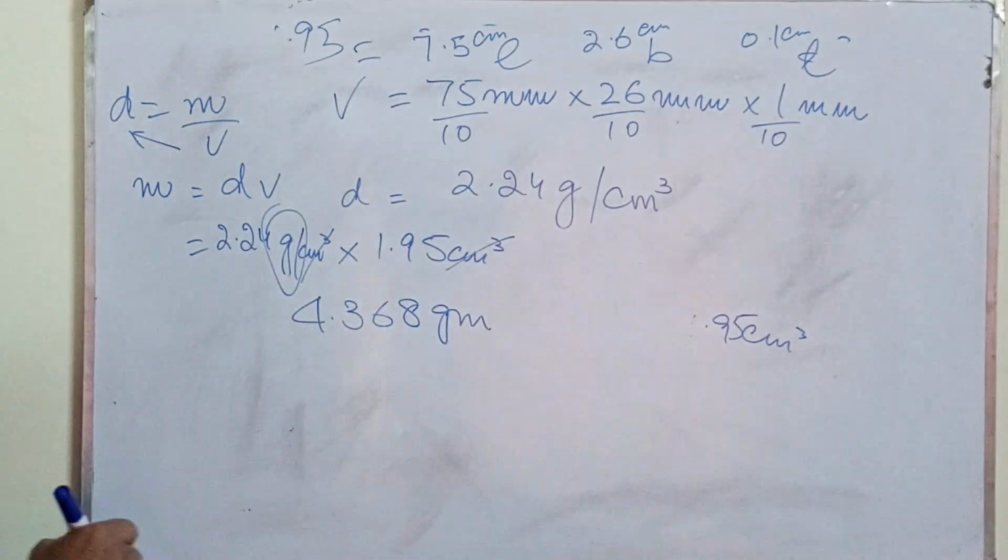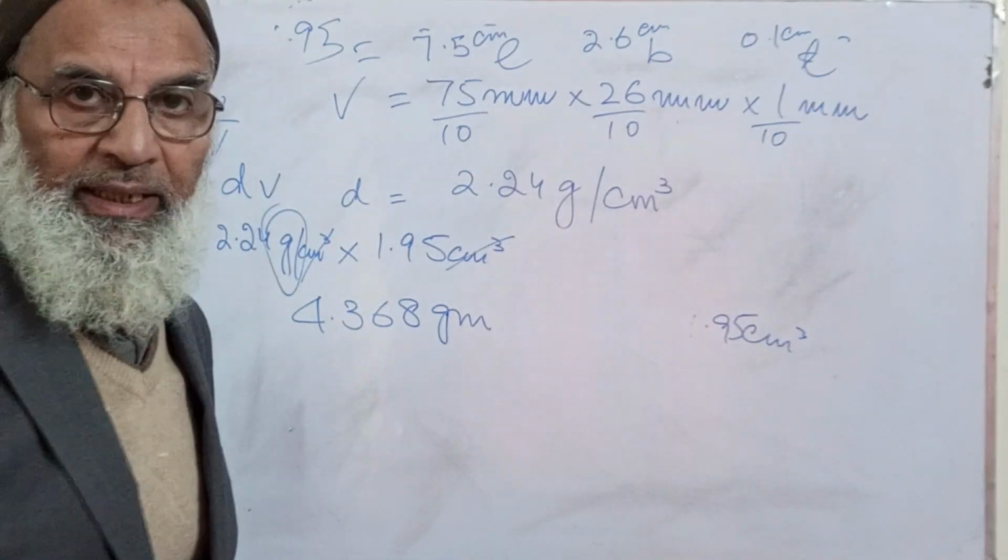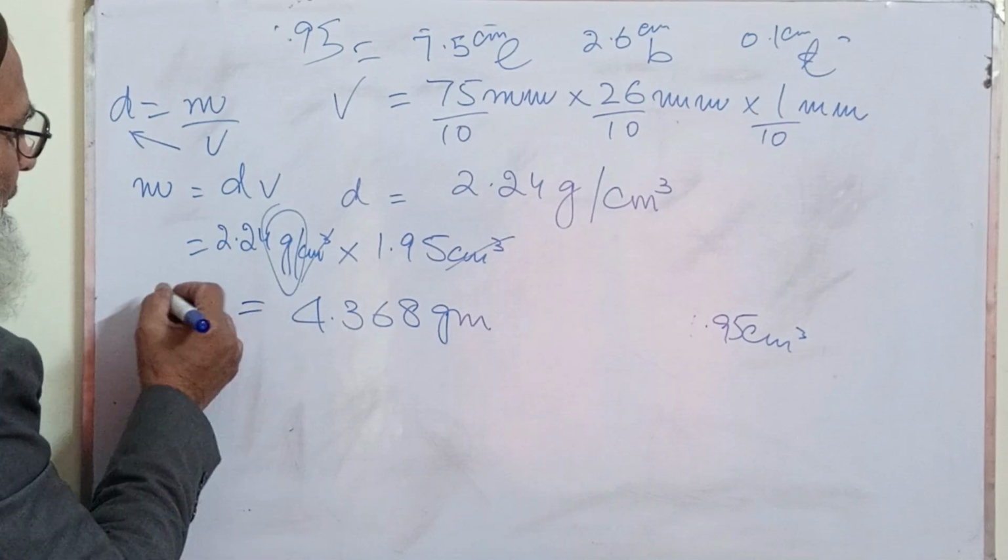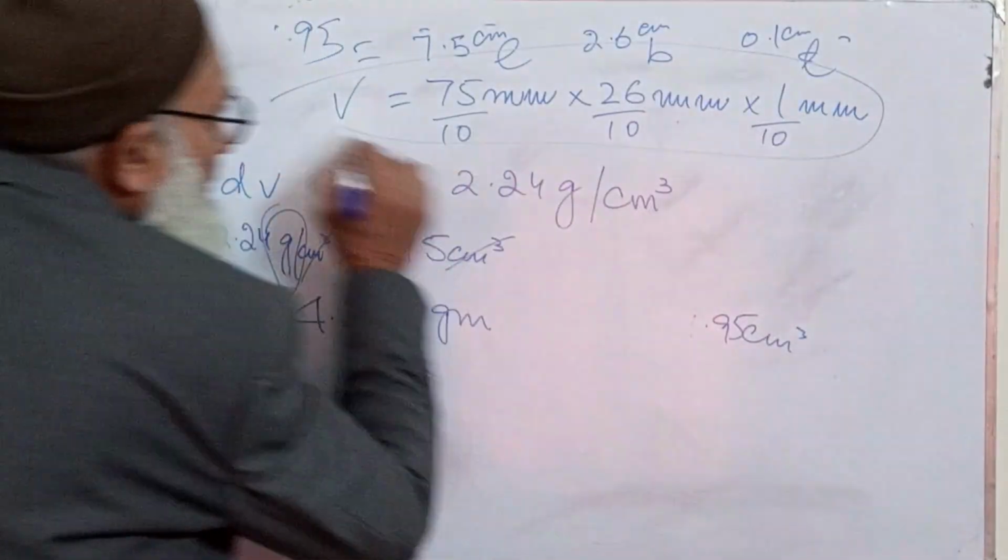Only this unit was left over. So 4.368 gram is the mass of this glass slide, which measures this.